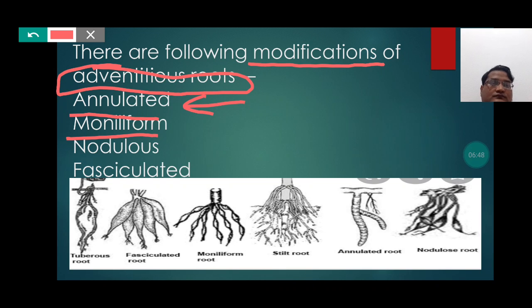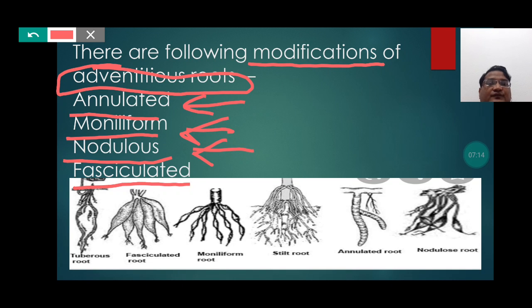Moniliform, where there is presence of bead-like structures in the root. Nodulated, where there is presence of swollen regions in the root.